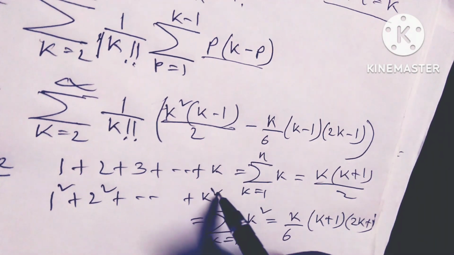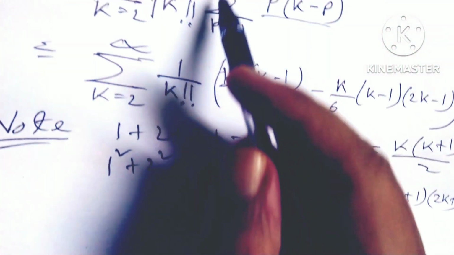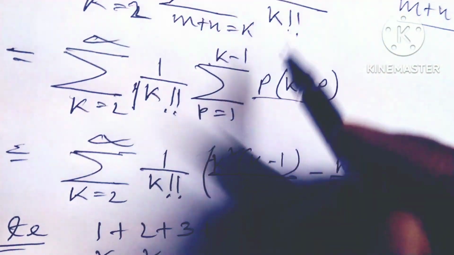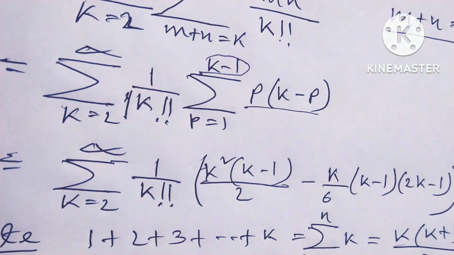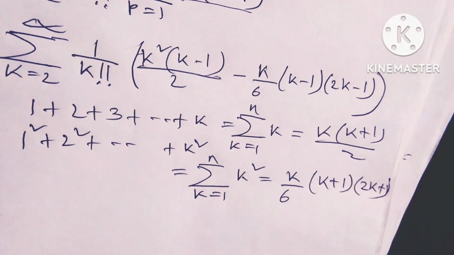This is the formula. Here it is k minus 1, and there you see that it is k minus 1. That's why I am just moving this.